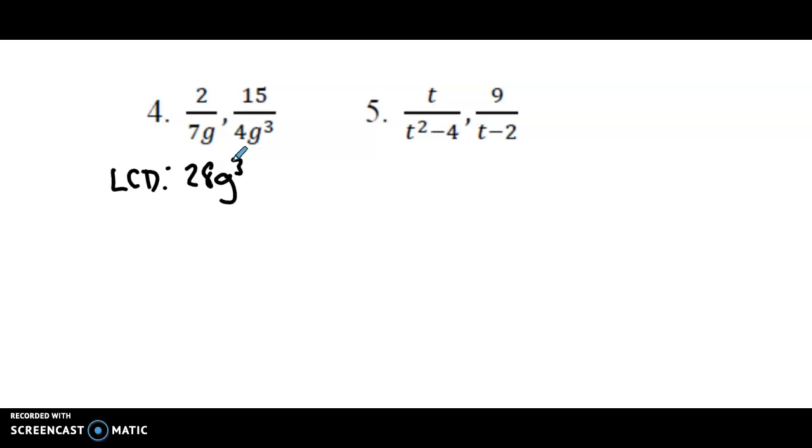Now, number 5, we have a pair of binomials, and they're not the same. So that's a little bit more complicated. To find the LCD, you are going to factor both of the denominators completely. The first one is t squared minus 4, and that's a difference of 2 squares, so that factors into t plus 2, t minus 2.